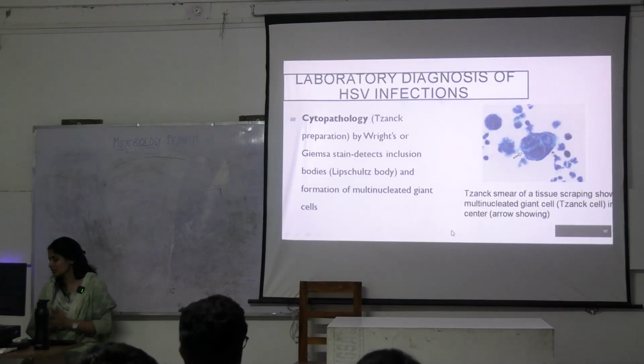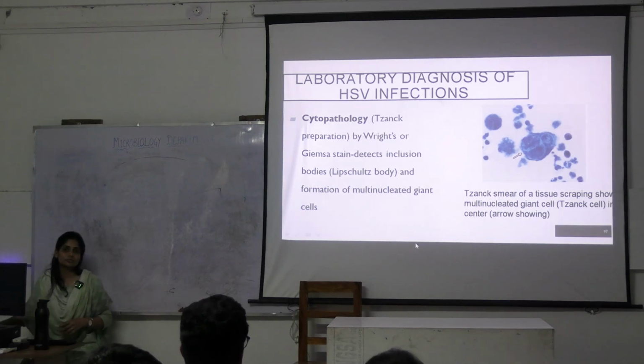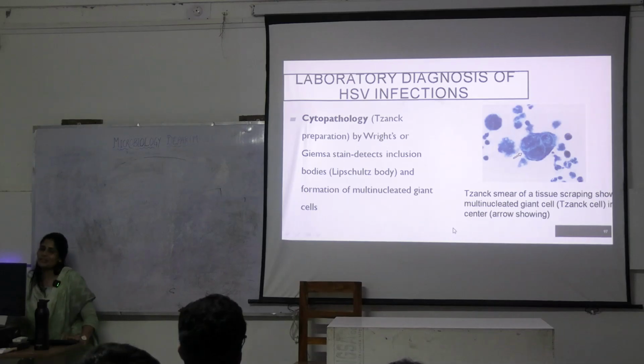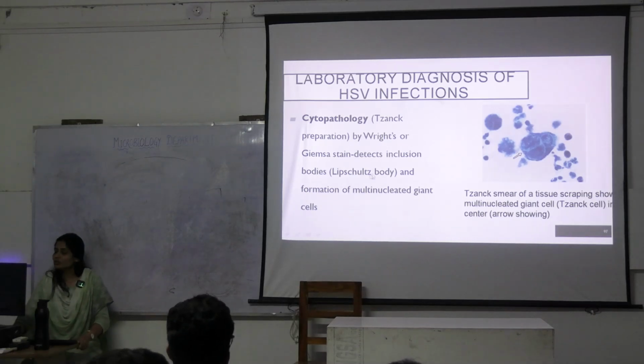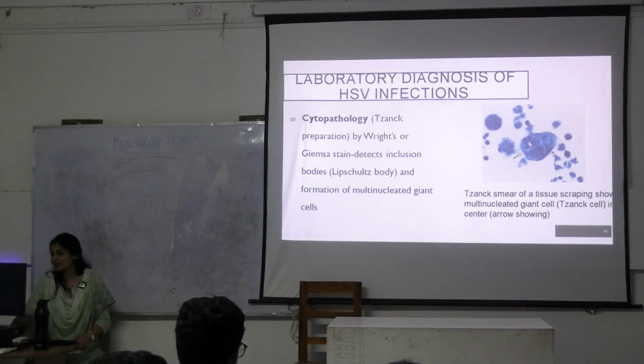How do you diagnose them? Can you see the viruses in the microscope? Which microscope? Is an electron microscope available everywhere? No. So what do we do? We go for pathology. We see the pathology that was caused by these viruses, and here you are going for cytopathology. What are you seeing here? This is the Giemsa stain which is detecting the inclusion body.